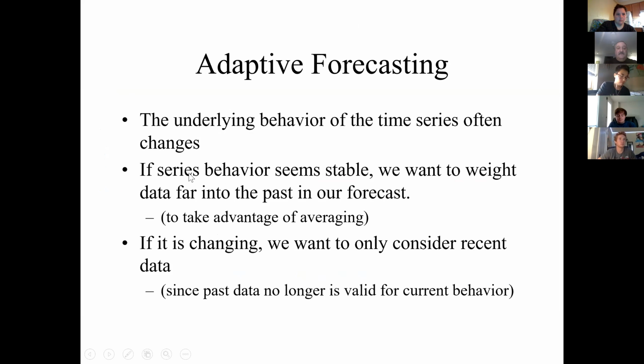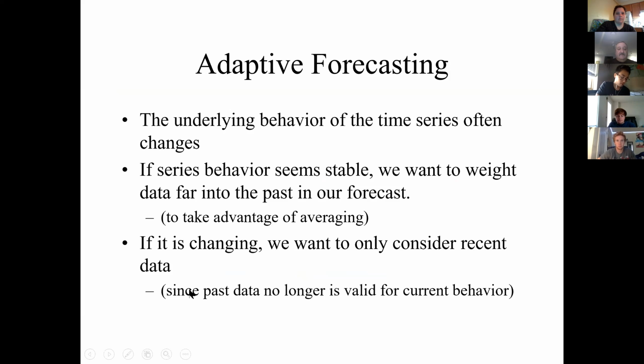If the time series seems to be behaving in a very stable manner, we want to put either a big value of M on a moving average or a small value of alpha, so that we include lots of past data and get a lot of averaging effect, a lot of variance reduction effect. Now the problem with doing that is if something changes, it won't adapt quickly.